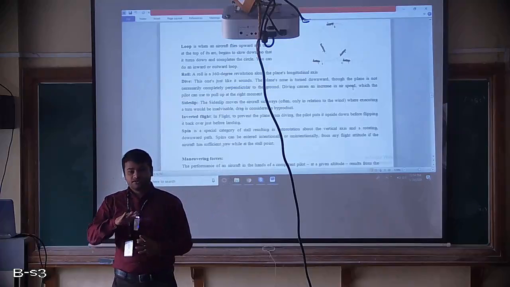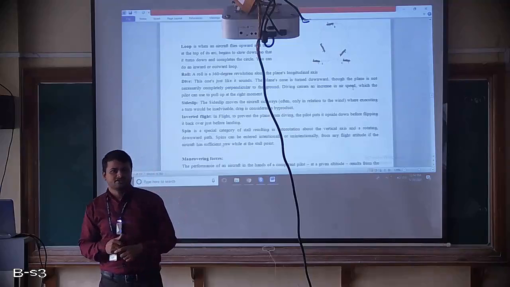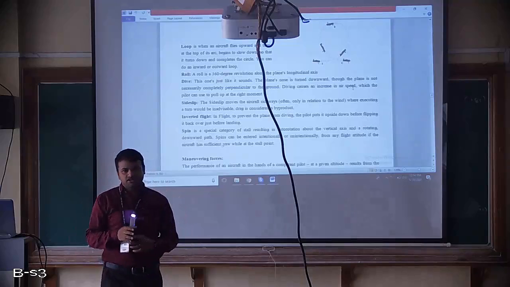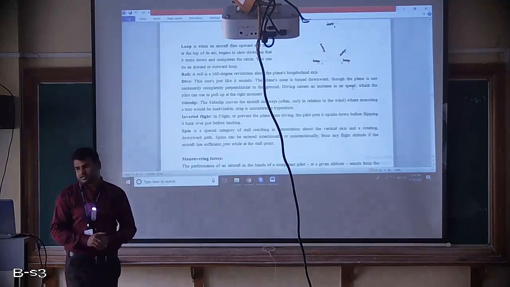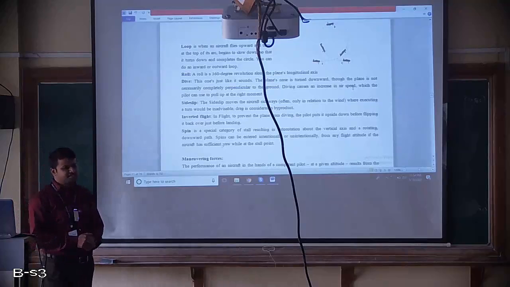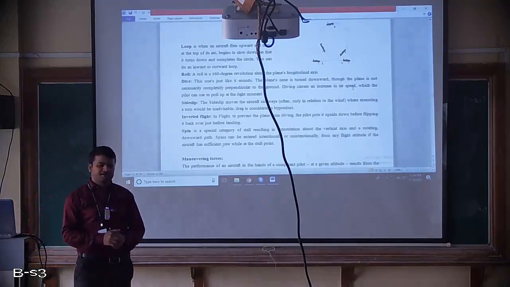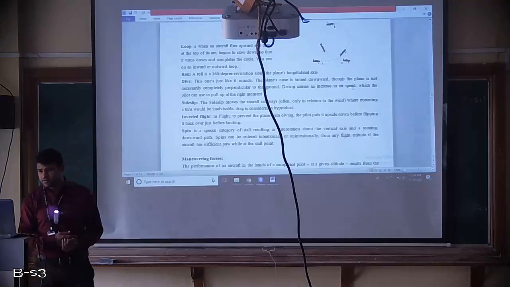The side slipping will create additional drag. So to come back to its original position, again we need to use our rudder. So that is what side slip is. And basically, performing the side slip maneuver is not advisable, because it will create drag as a byproduct.